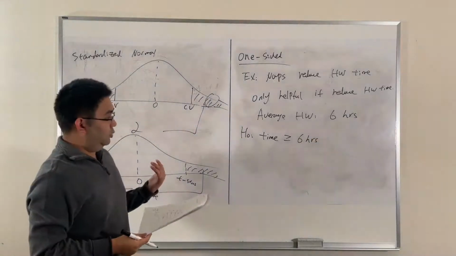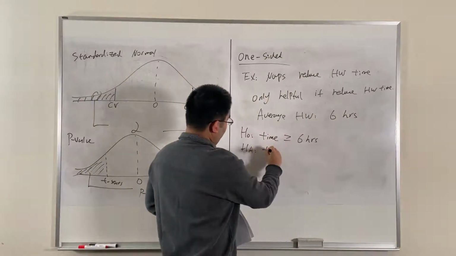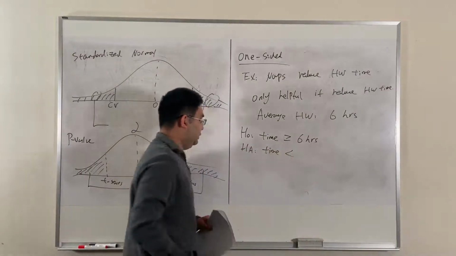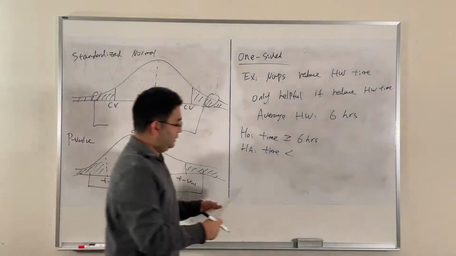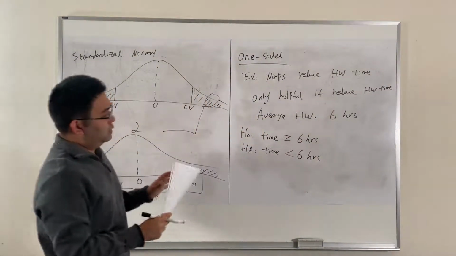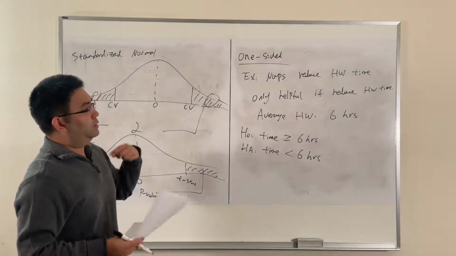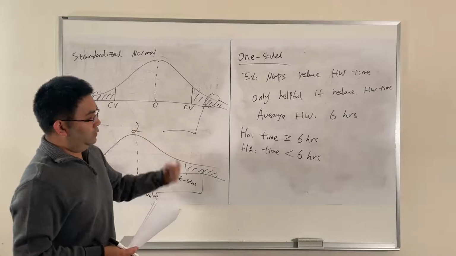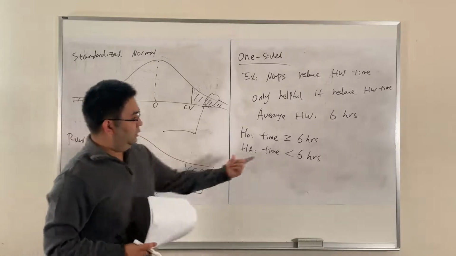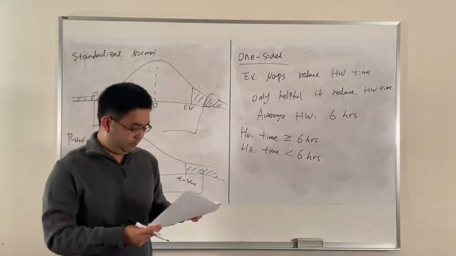And the alternative hypothesis is when it's helpful, so time is less than 6 hours. Okay, very good. So as you can see, this is a one-sided test, because what makes a difference, or what means to be a different result, is one-sided. It's only when it's less than 6 hours.